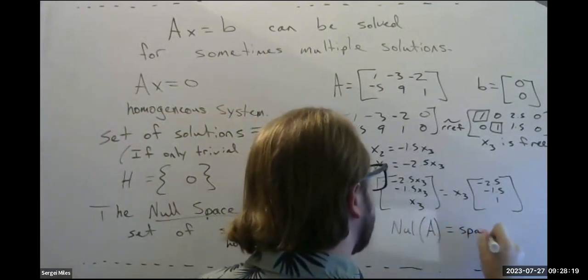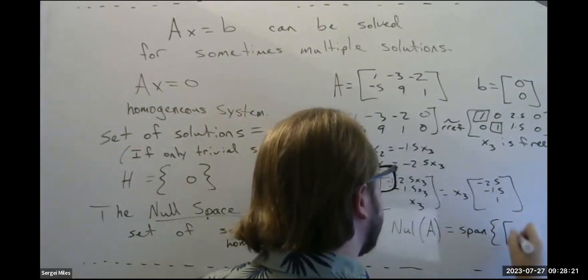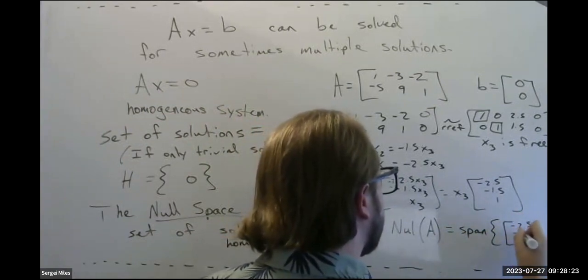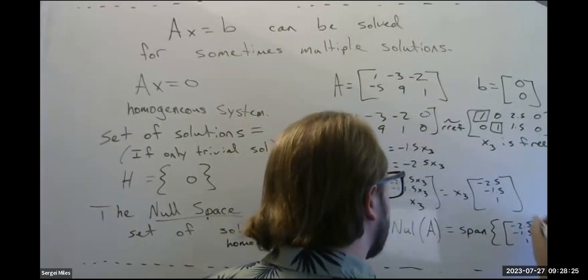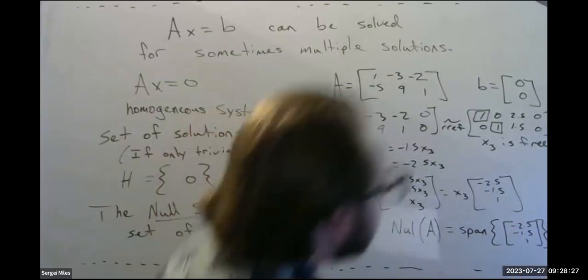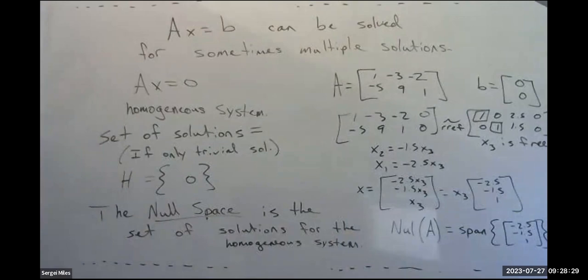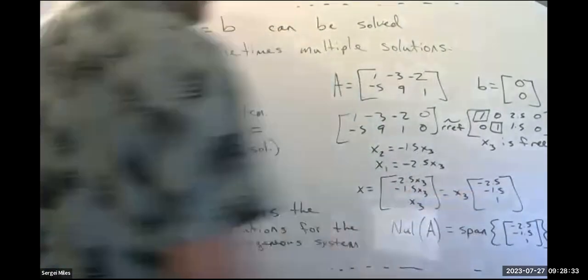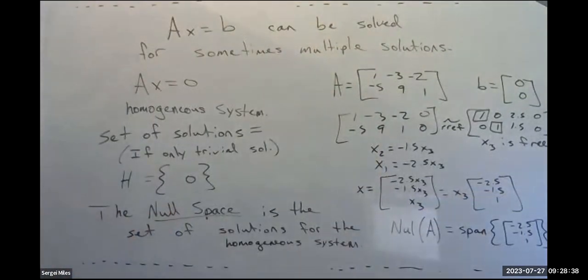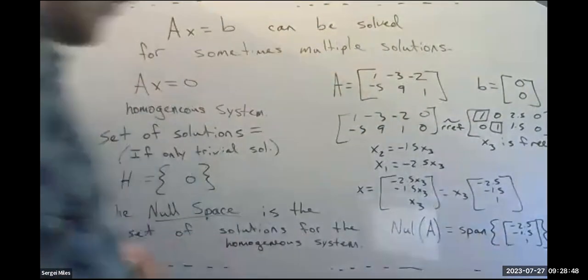It equals the span of this vector, right? Why? Well, it's any possible multiple of this vector. It's any possible linear combination of this vector. Well, if you have a set which is all possible linear combinations, you're talking about the span. So this null space is the span of a vector.